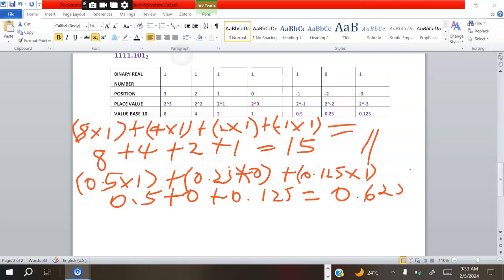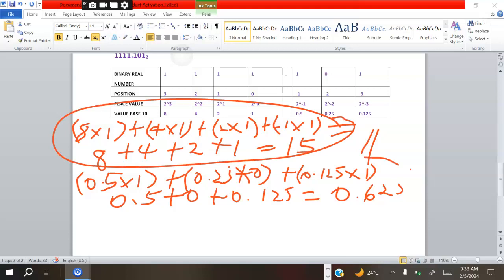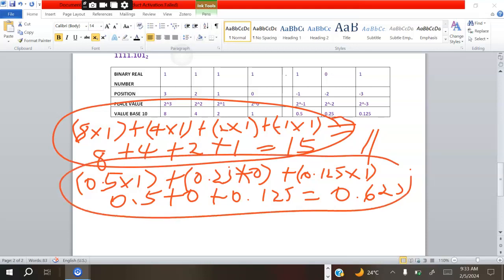Having done that, you combine the two parts. This is the integral part, then you add the fractional part. The integral is 15 plus the fractional, which is 0.625, and this gives us 15.625 base 10.